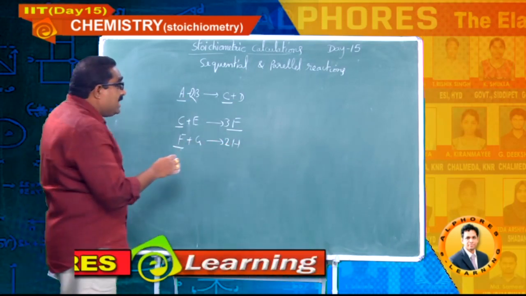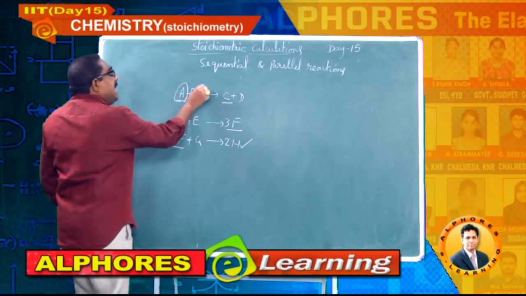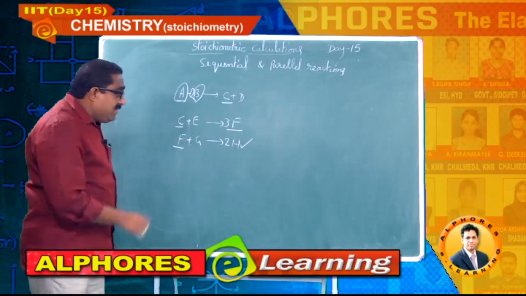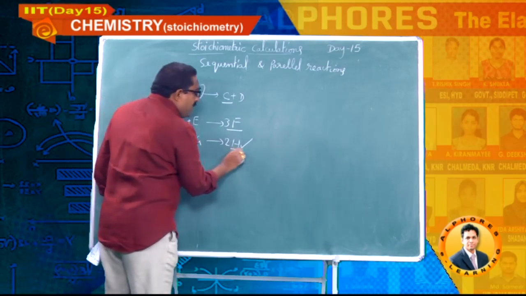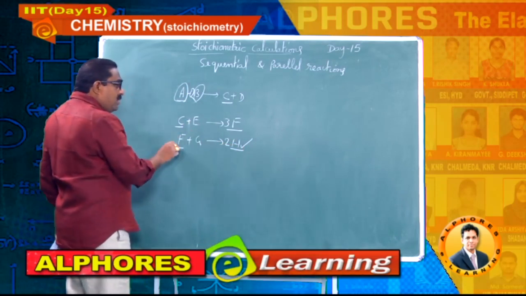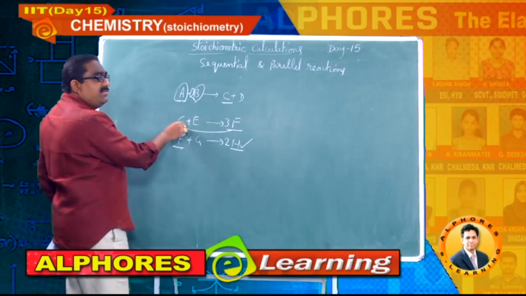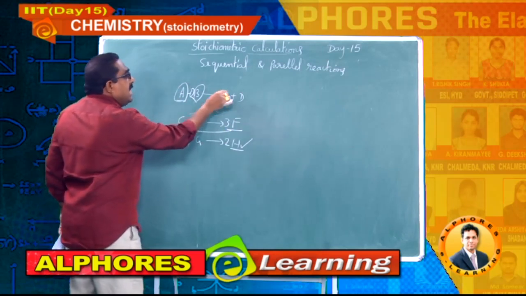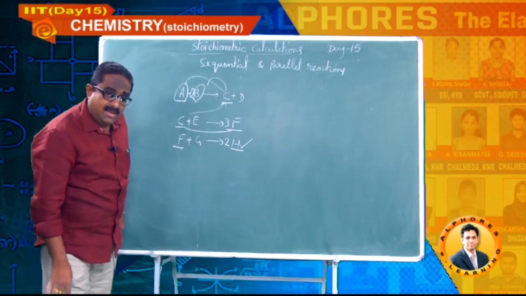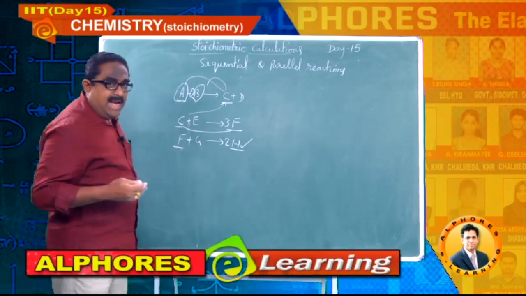And sometimes they will give the final product H and ask you for the reactants A and B, what amounts of A and B are involved in that sequence of reactions in the beginning stage to get some moles of the final product H. Then from this H you have to find the moles of F, and take the moles of F here, and then from that you have to find the moles of C, and take the moles of C here, and then find the moles of B and moles of A. That is why these sets of reactions are called sequential reactions.